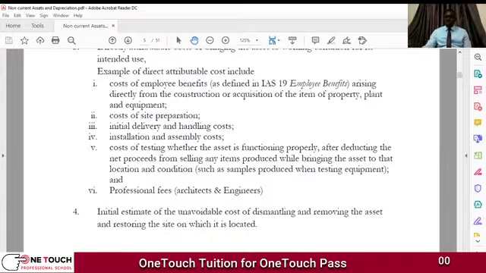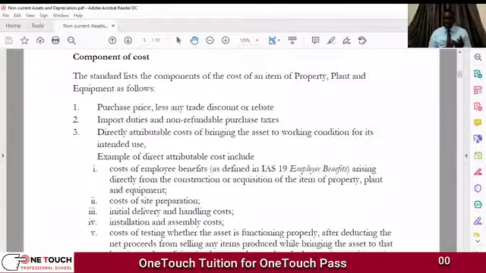So the cost of an asset includes the purchase price, less any trade discount, import duties and non-refundable taxes, and directly attributable costs.